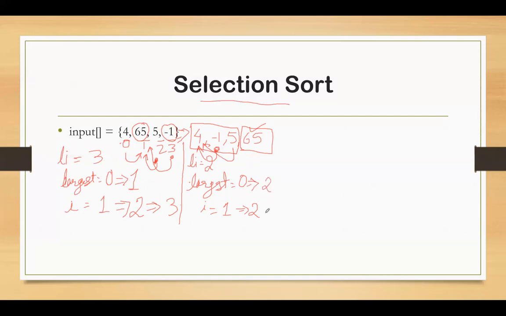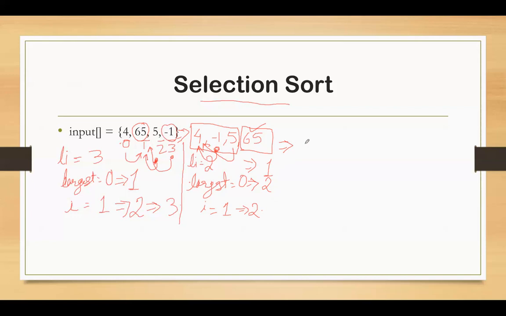And since we have come to the end of the iteration, 2 will be the largest index. And then we will decrement last index by 1, which will make it 1. And then swap the largest element with the last indexed element.